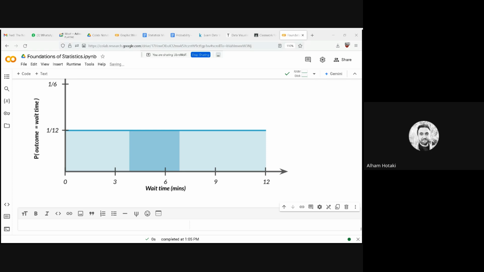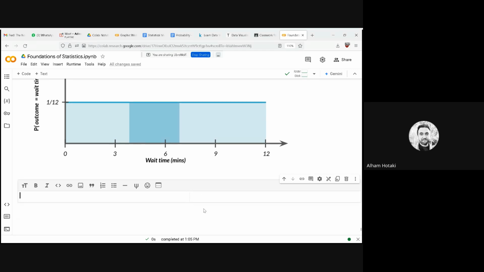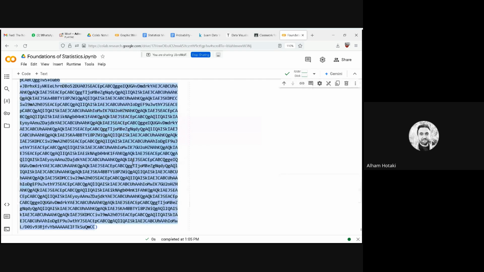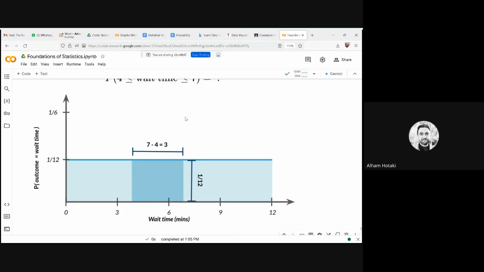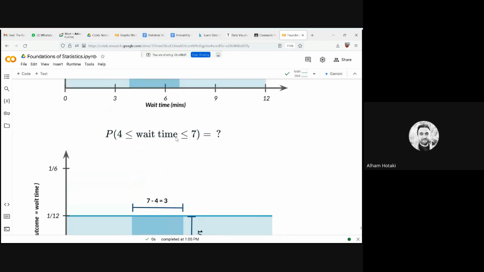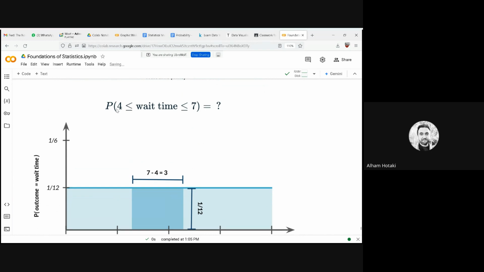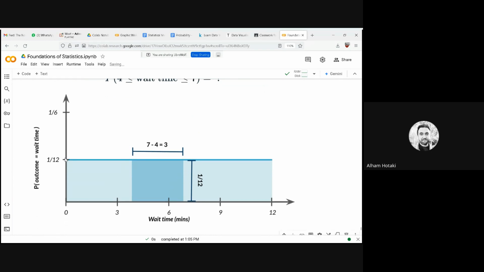This is now a calculation of area, because you're continuously waiting, and your events are dependent, not independent. It doesn't mean that one minute is independent of another minute. No, all minutes are dependent on each other. Now look at this. 7 minus 4 is 3, and the continuous probability is 1 by 12 for all these minutes.